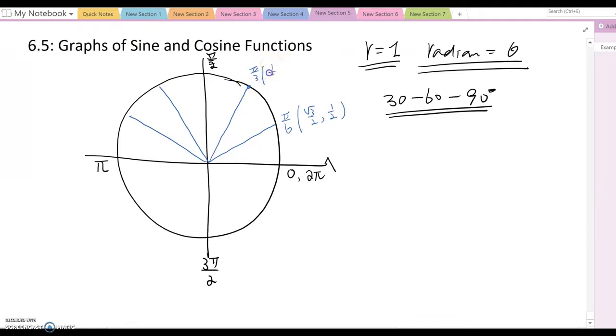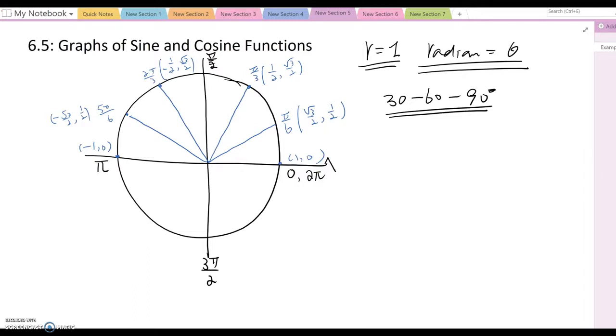This becomes 1 over 2 comma root 3 over 2, and this is 2 pi over 3. This coordinate becomes negative 1 over 2 comma root 3 over 2, and this is 5 pi over 6, and this coordinate becomes negative root 3 over 2 comma 1 over 2, and this point pi becomes negative 1 comma 0. I forgot here, actually this becomes 1 comma 0.